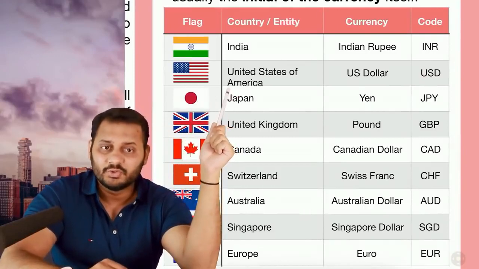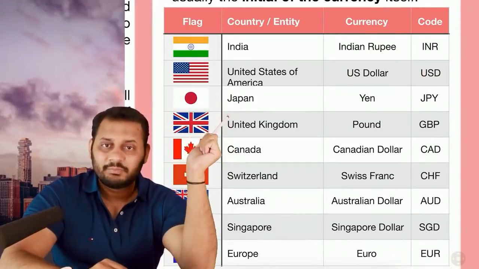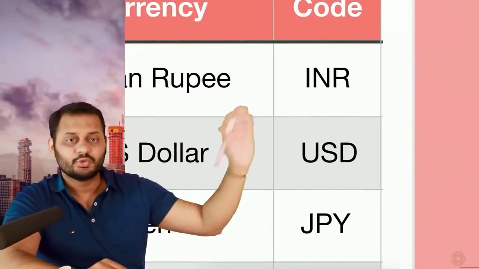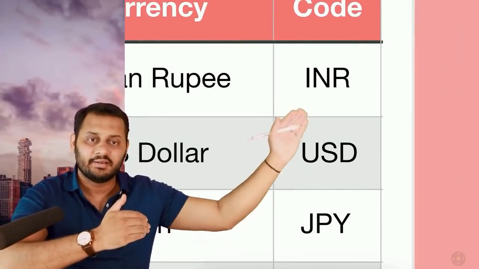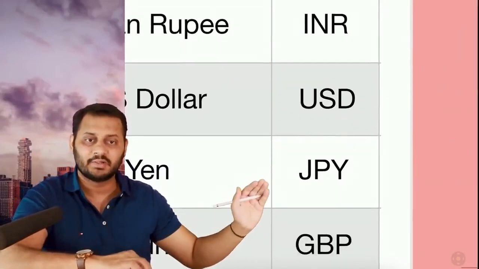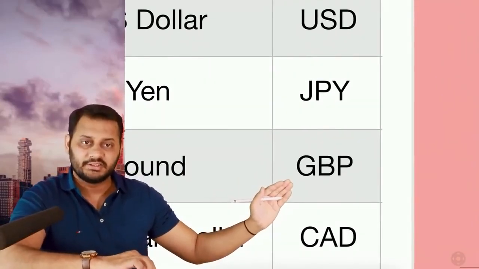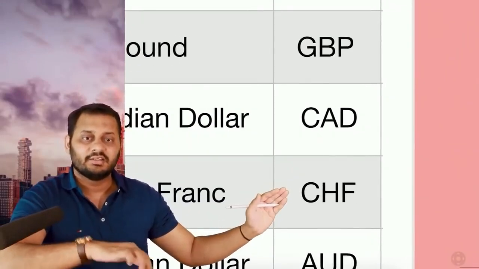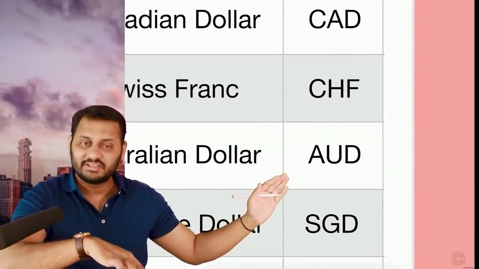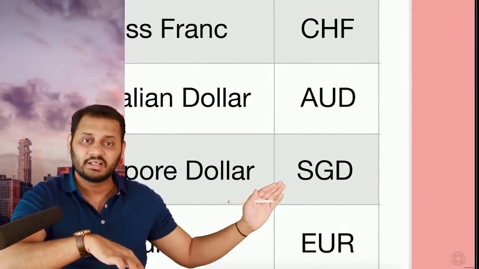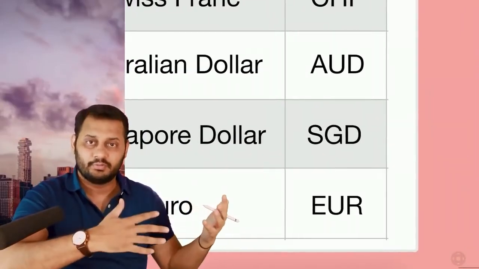For America, it is USD, Japanese yen, JPY. You can see the first 2 letters represent the country. India, IN, United States, Japan, JP, Great Britain, GB, Canada, CA, and this is Switzerland, Swiss franc, CHF, AU, Australian dollar, Australia, SG, Singapore, EU, Euro.